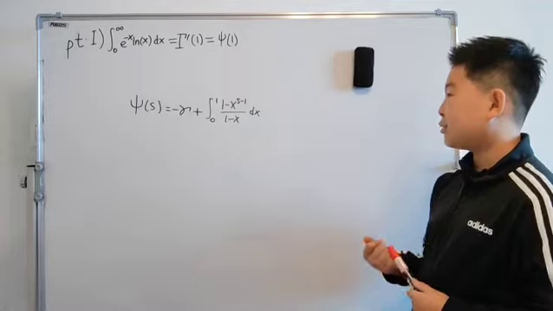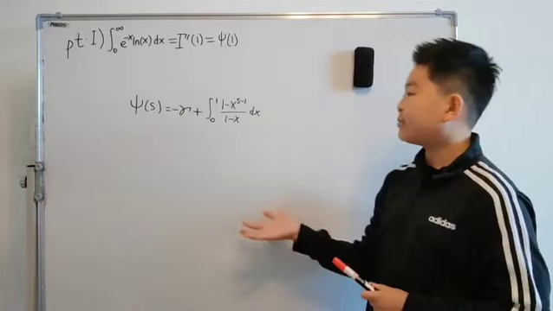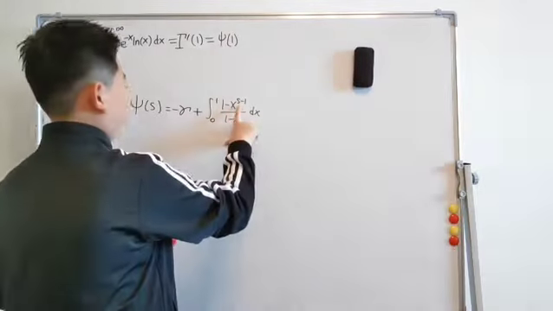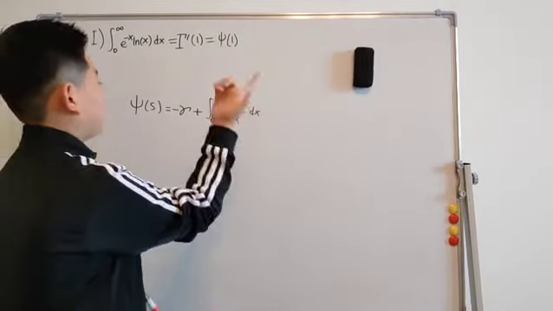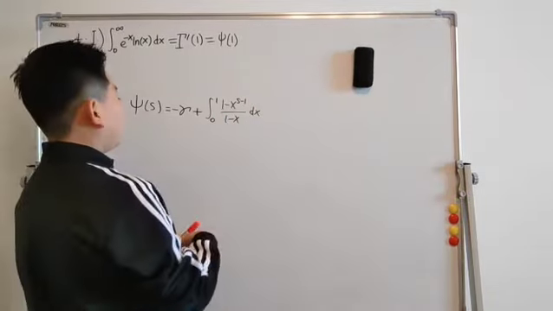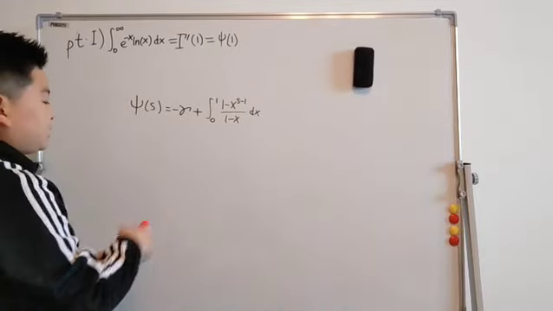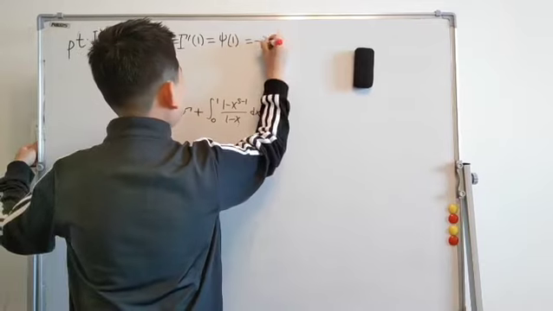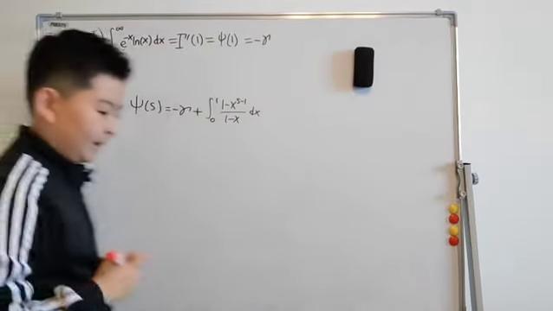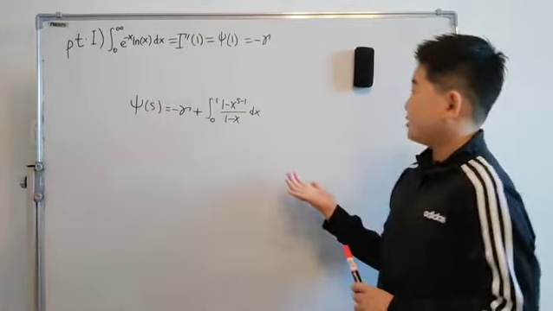And the next thing we're going to do is just plug in 1. So after plugging in 1, we get 1 minus 1, which is going to be 0. x to the 0 is going to be 1. 1 minus 1 is going to be 0. Meaning that if we plug in 1, this entire integral evaluates to 0. Meaning that all you have left is this thing, which is going to be negative Mr. Euler right here. That is a very nice solution.